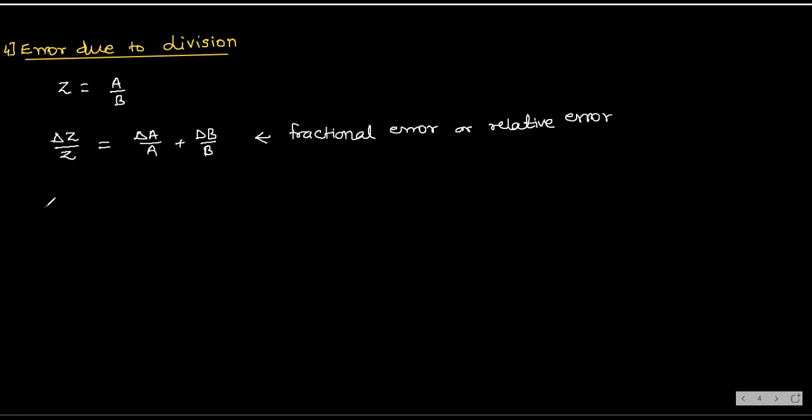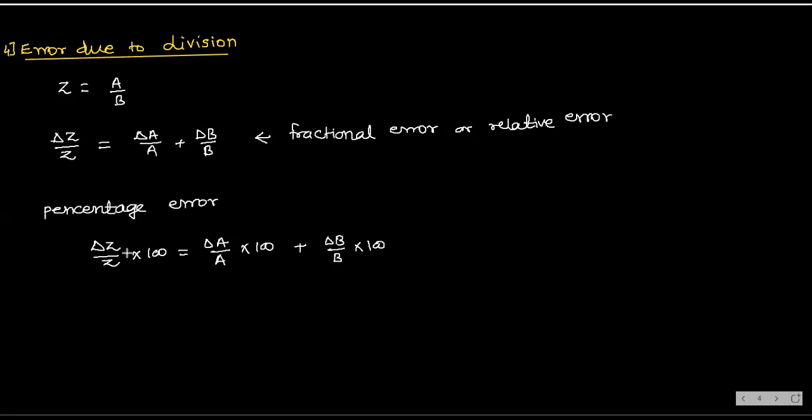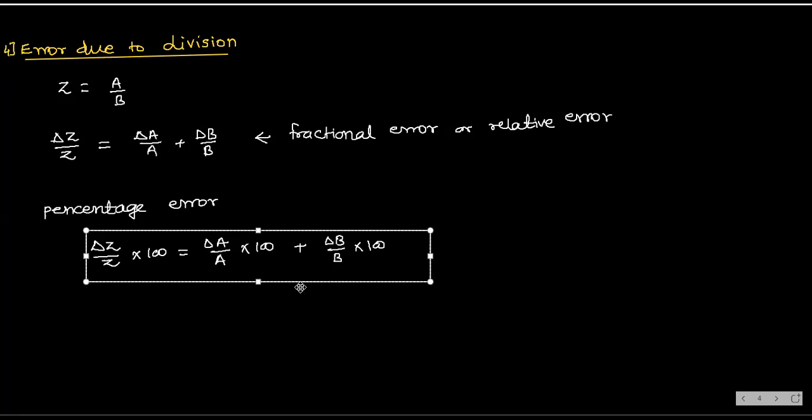Next one, if now percentage error you want, then delta z by z into 100 is equal to delta a by a into 100 plus delta b by b into 100. This is what your percentage error in case of division, which is same as multiplication.